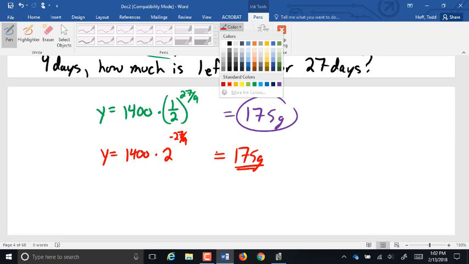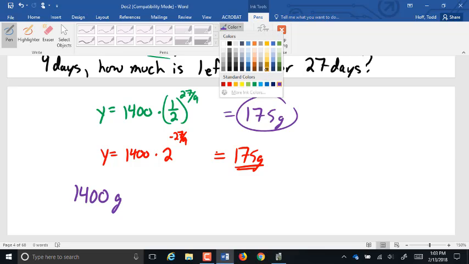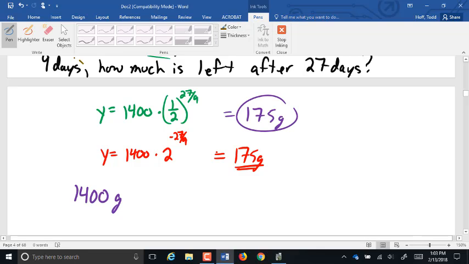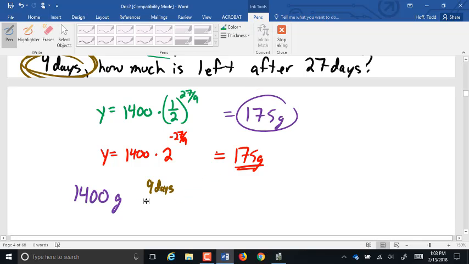What does the half-life stand for again? The time it takes for the material to decay to half of what it was, right? So we started out with 1,400 grams. How long is the half-life here? 9 days. At 9 days, how much should be left? What's half of 1,400? 700.